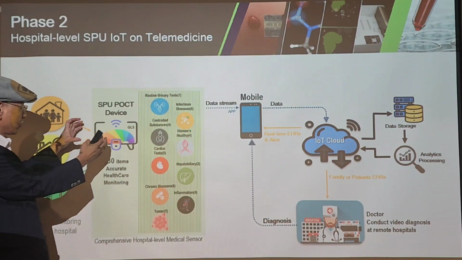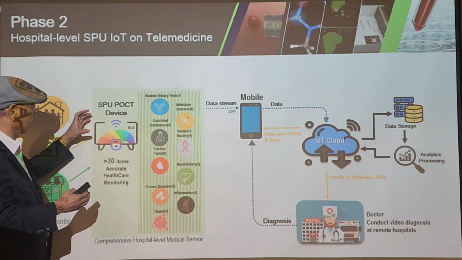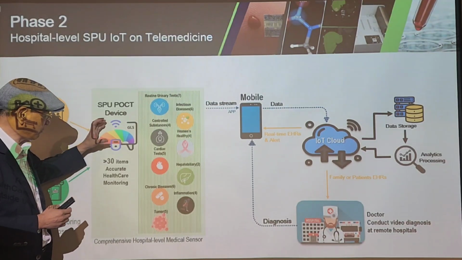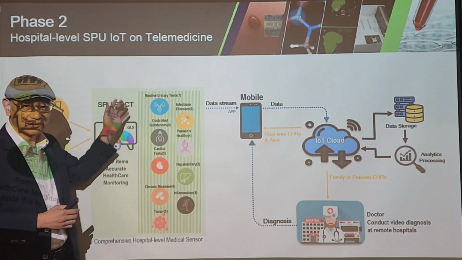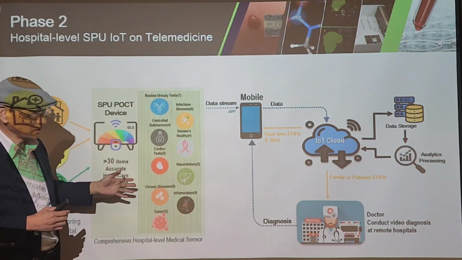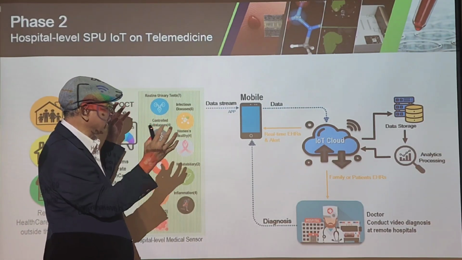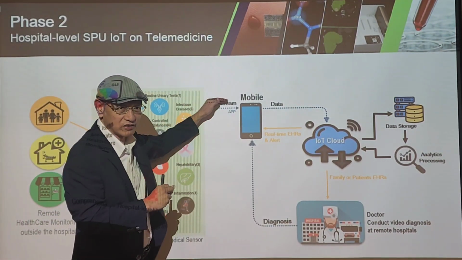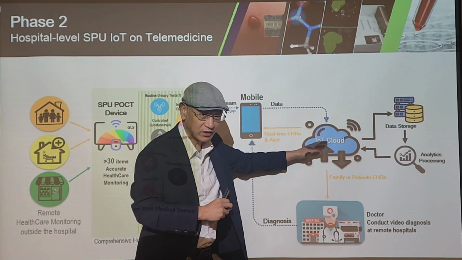So we are going to introduce our system. We call it the SPU POCT device, and that device will provide all these test items. Then all of that will be consolidated into one data channel to the cloud.